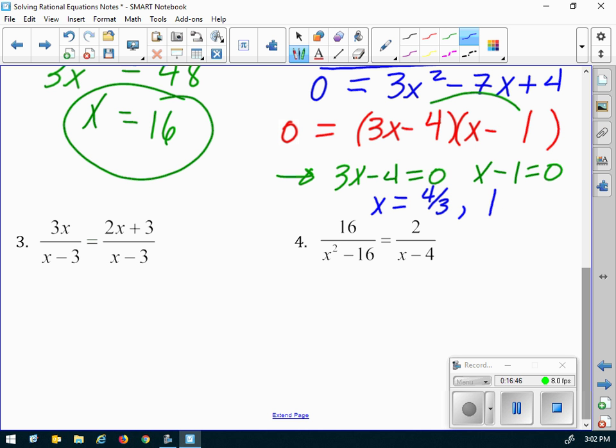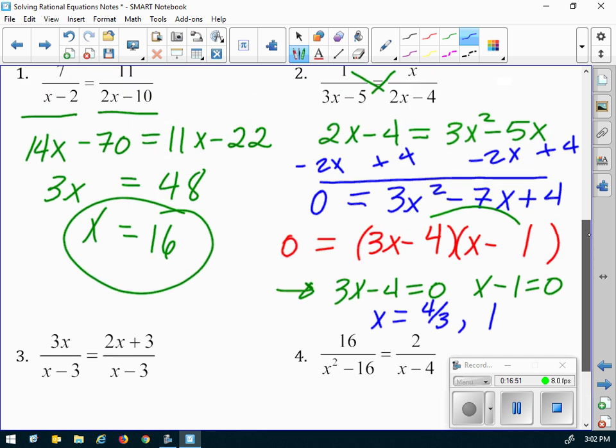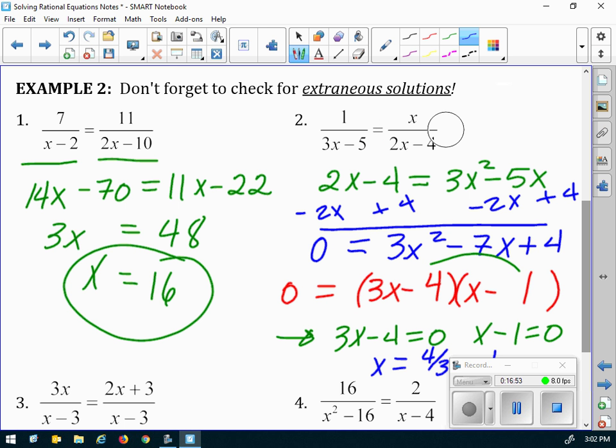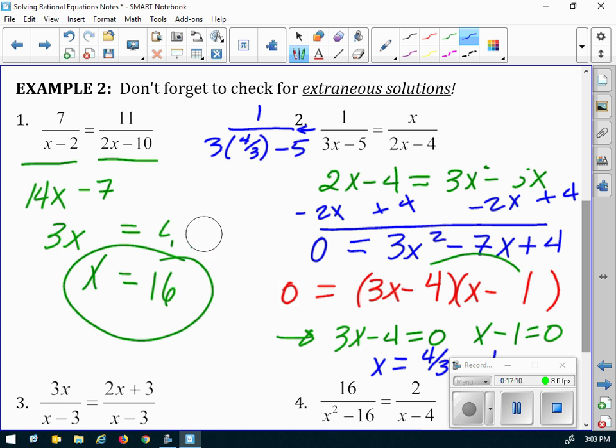Now we've got to say, do they work? Right, check them. Let's check the hard one first, 4/3, but you've got a calculator, right? Right, Ms. Tennant, I got a calculator. Okay, thank you, dear. Let's take this fraction. If x is 4/3, that gives us 1 over -1, so that side would equal -1.